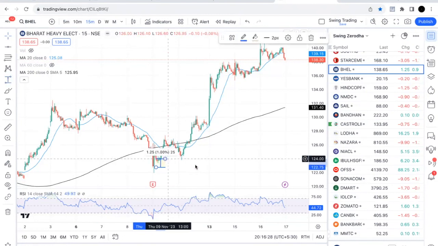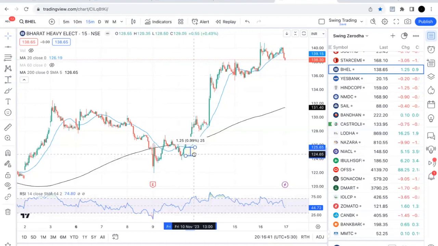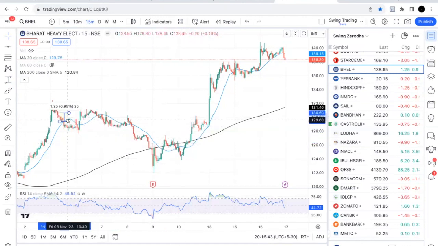Okay, here's 1%, exactly 1% right there. I'm going to show you all the places where here's the 1% right there, just in the up and down. You can find the 1% move.